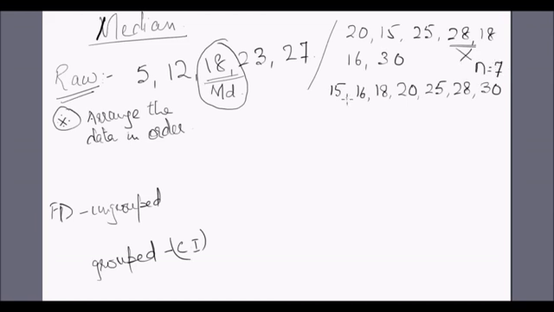Okay, so we have 1, 2, 3, 4, 5, 6, 7, we have 7 data, and now we can pick the middle one, which is 20. So this is our median. So always remember, you need to arrange the data in ascending or descending order before you proceed to find the median, and thereafter it's simple. You just pick the middle value and that is your median.